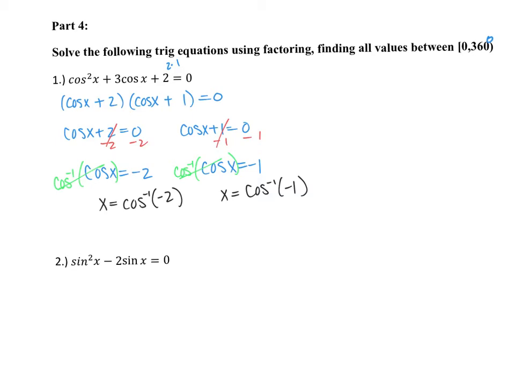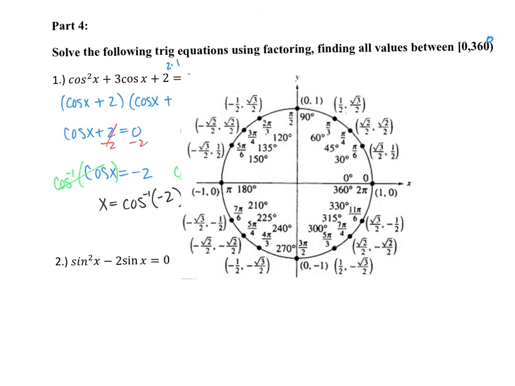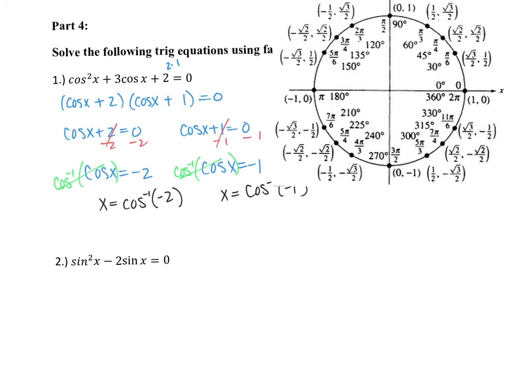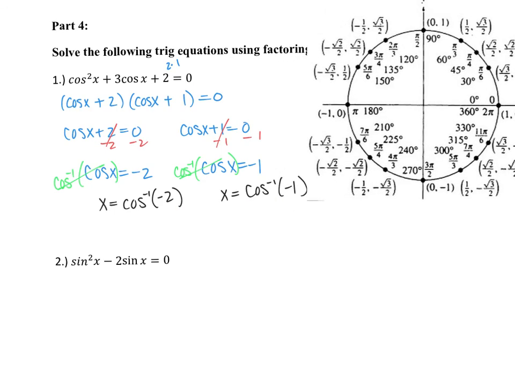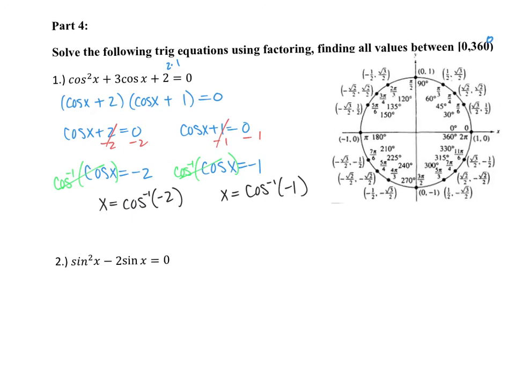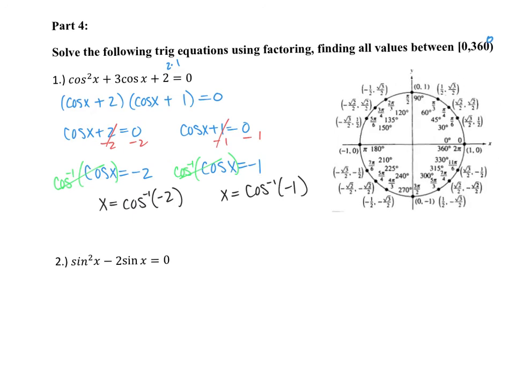So I'm going to grab my unit circle here real quick. There we go. So if I look at my unit circle here, I'm trying to find where this equals negative 1 for cosine. Cosine, remember, is the x value. So there's the negative 1 that I'm looking for. Let me blow this up a little bit.